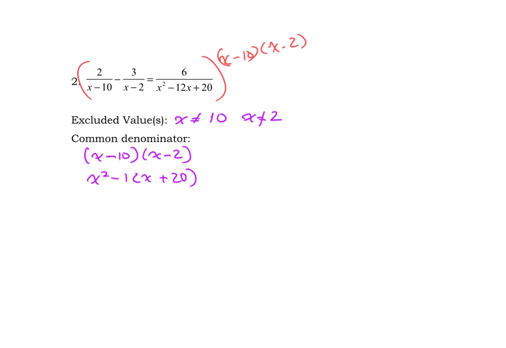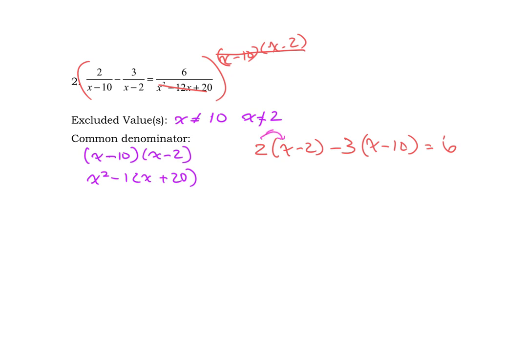And so that's going to leave me with 2 times x minus 2. Bring that minus down, and that 3. And so this one, I see that it's got an x minus 2. That leaves me the x minus 10. So I put x minus 10. And then the x squared minus 12x plus 20 is that entire thing, so that is just 6.